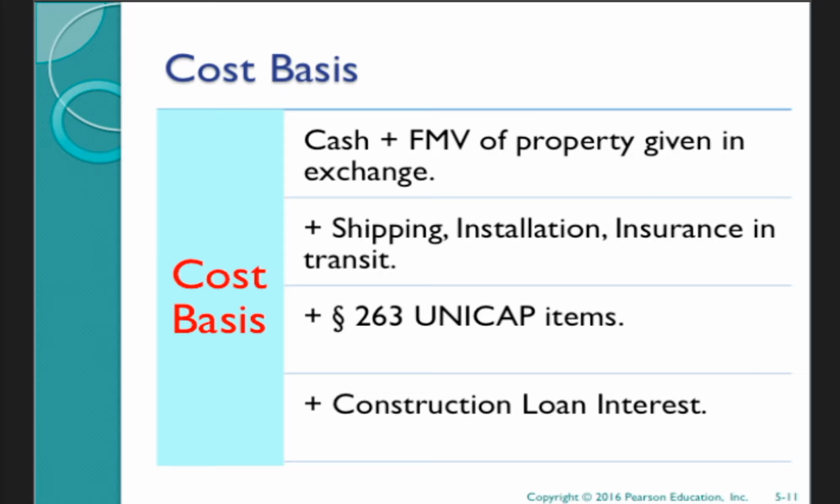So, if you paid for an item plus gave some of your property in order to exchange for another capital asset, then you would add the fair market value of the property given. Okay. You also add to that shipping, installation, insurance, and transit, Section 263 UNICAP items, which we'll cover later, and any construction loan interest.